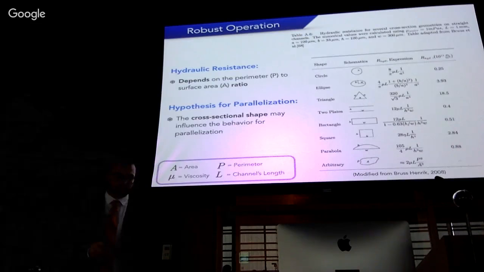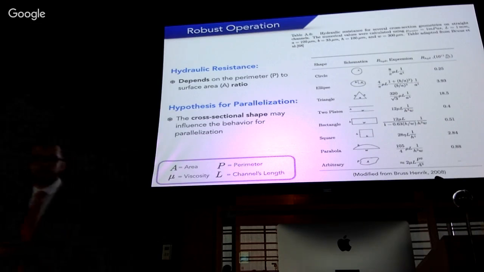number. And the second parameter that I used for designing my devices is that I realized that the hydraulic resistance in a channel depends on the cross-sectional area. So different cross-sectional shapes will have different hydraulic resistance.